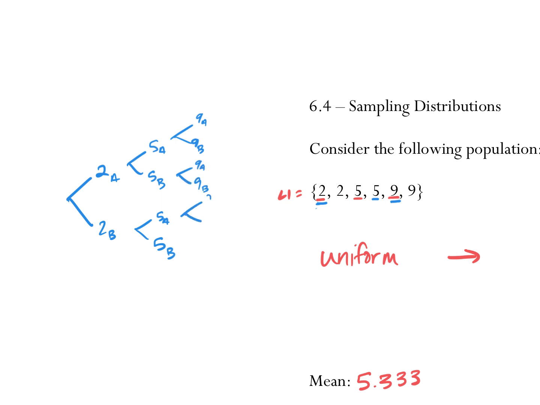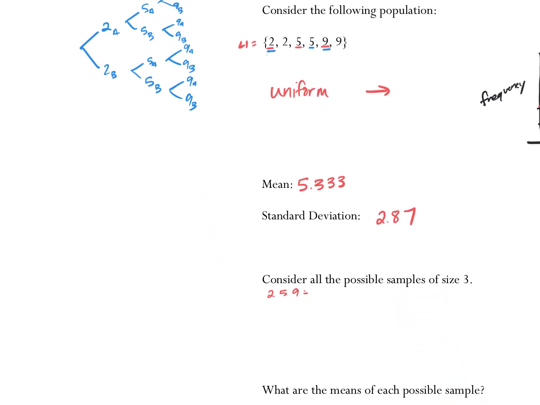How many total ways is that? 8. Everybody good? All right. So there's 8 ways that could happen. That's by far, by the way, the most common one.